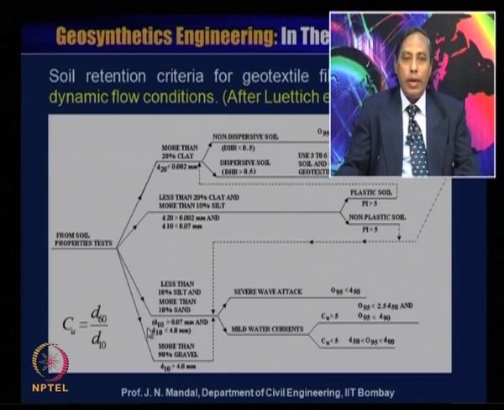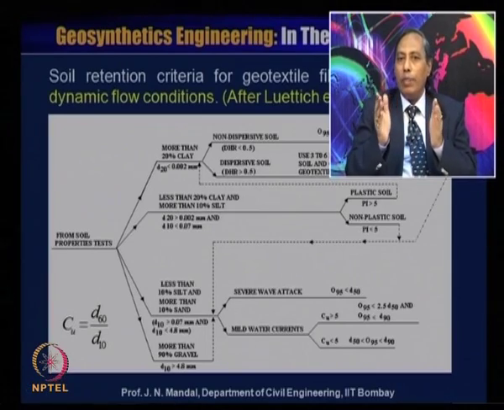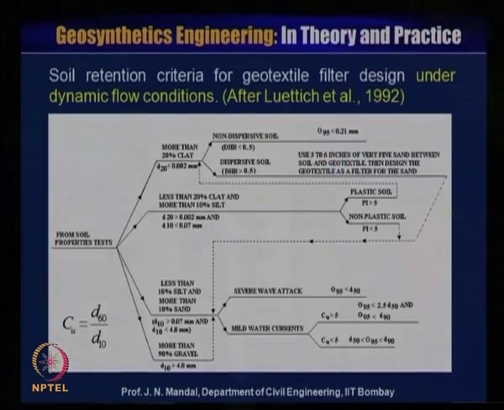And as you know, you can calculate Cu as D60 by D10. So, for the soil retention criteria or geotextile filter design under dynamic flow condition, this is given after Giroud 1992. He has given two charts, one for the steady state flow condition, another for the dynamic flow condition.